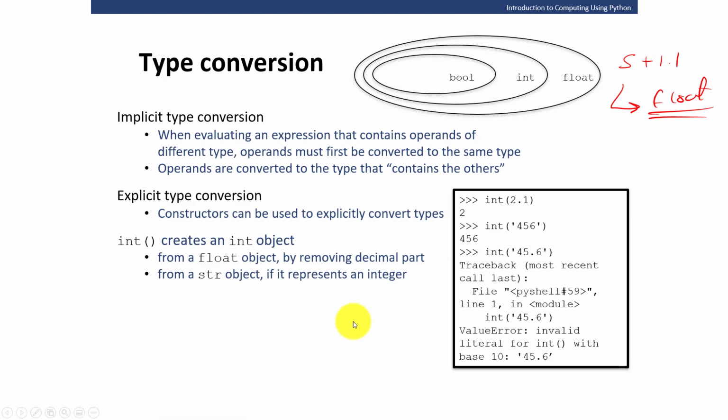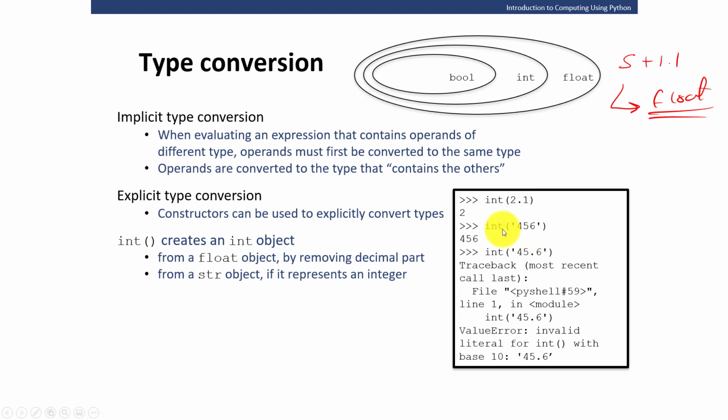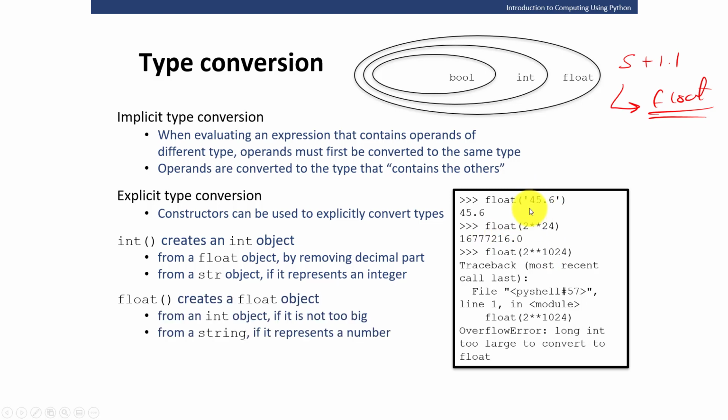Okay, so using the int constructor and wrapping it around objects can convert float objects by removing the decimal part, and can convert string objects if they represent a number itself, as we saw here, okay? Same for float.